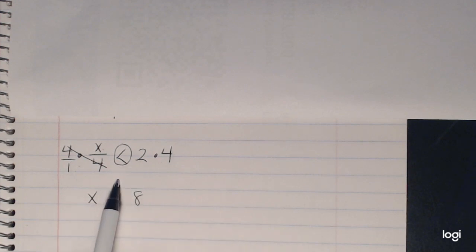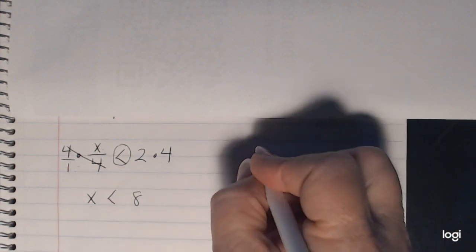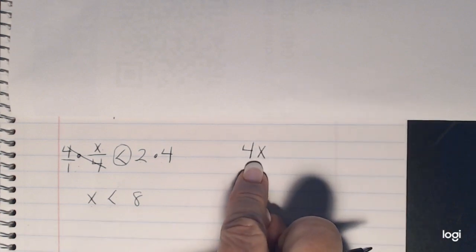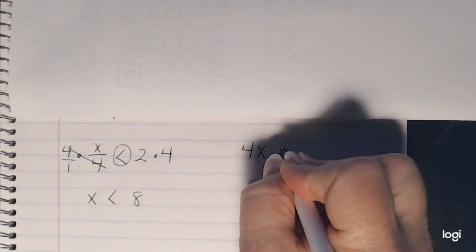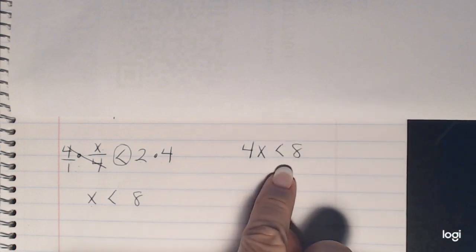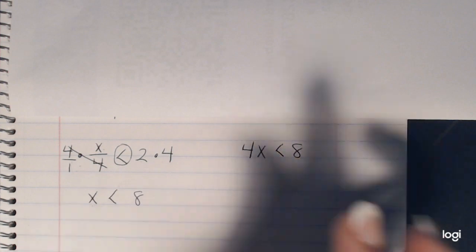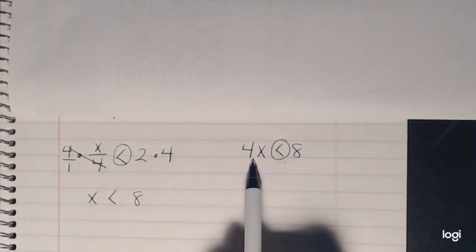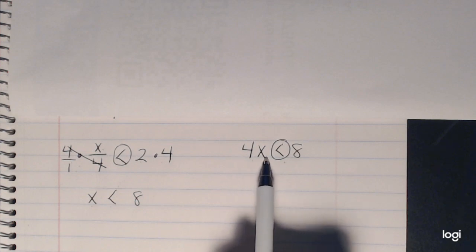Let's look at what a multiplication problem might look like. For example, I could do 4 times x is less than 8, because we know that when a variable touches the integer, that means multiply. I'm going to do this just like I did the division problem. I circle my balance. I find the variable is x. It's multiplying with 4.